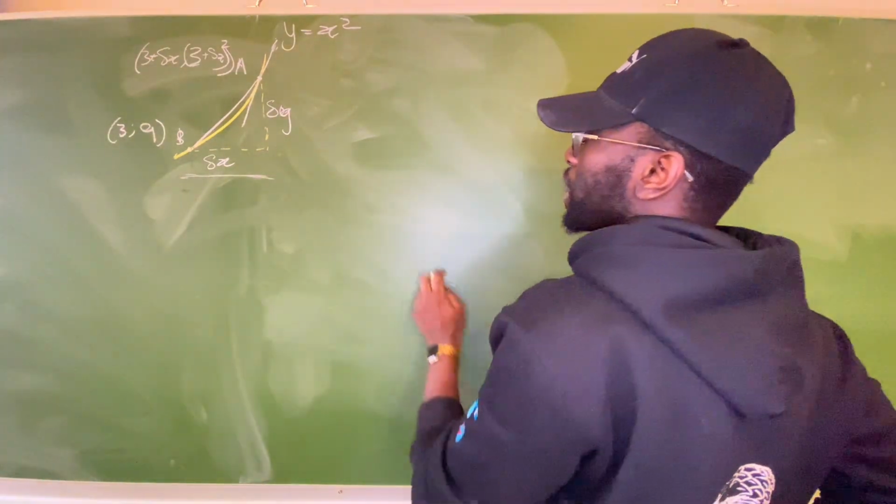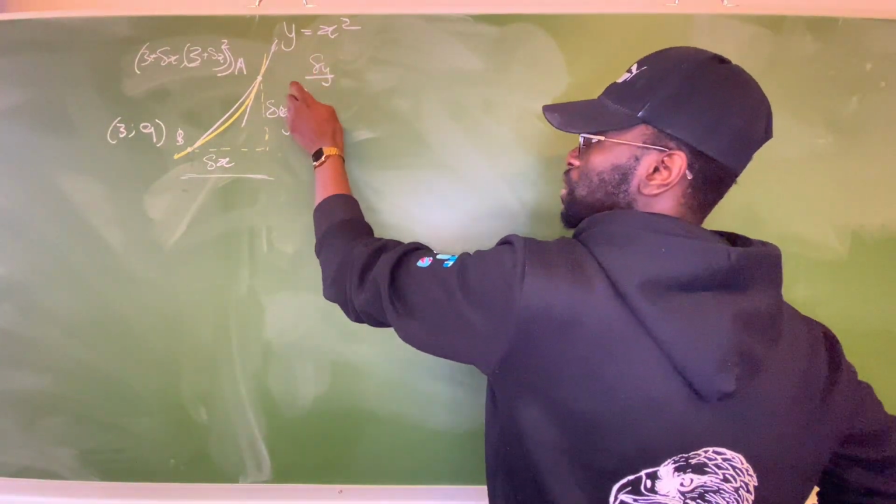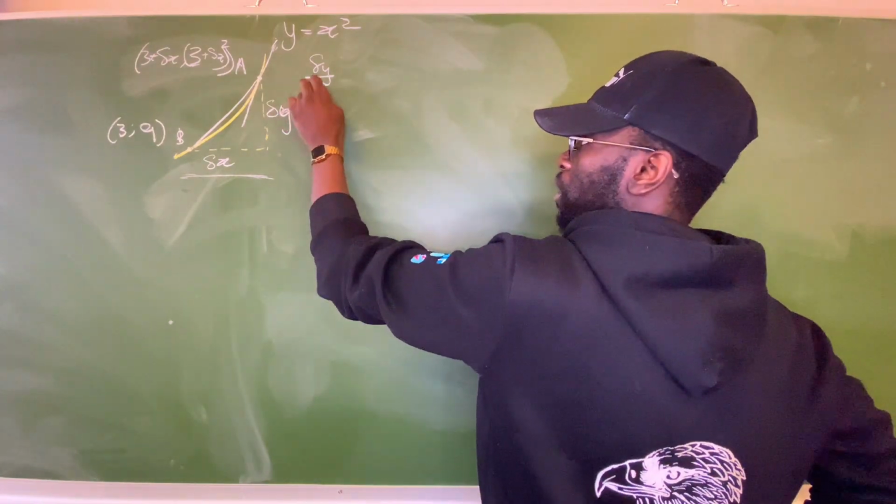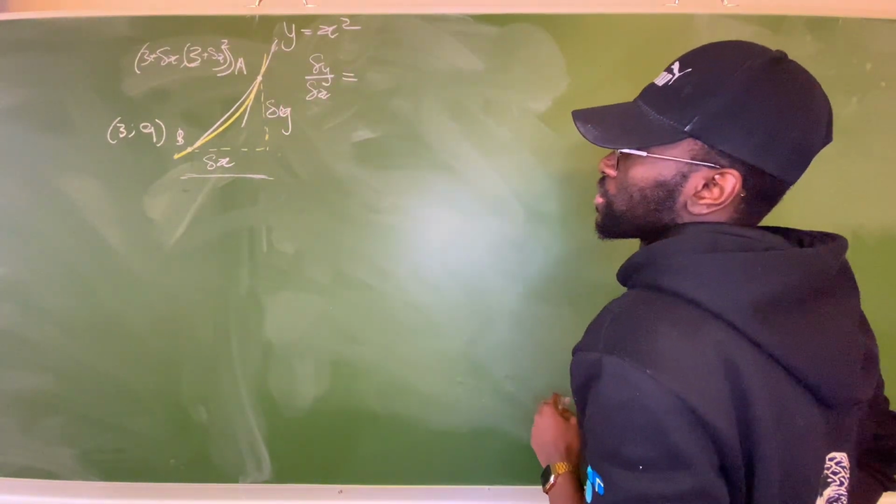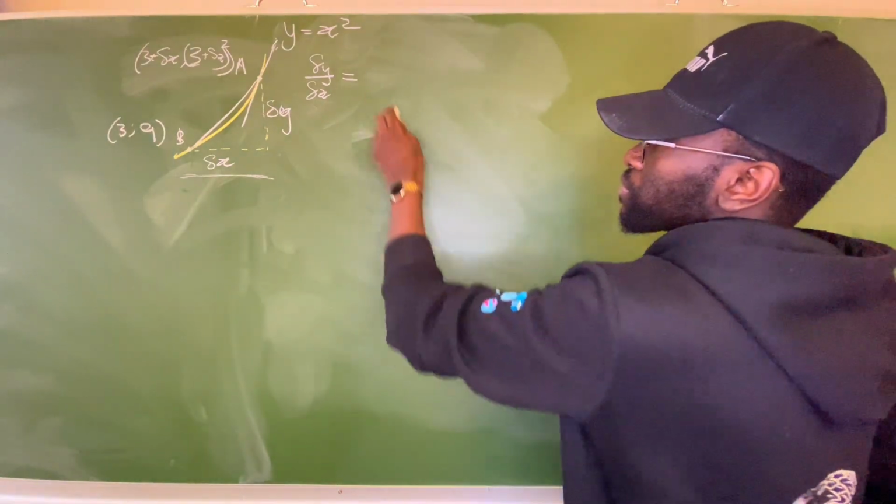Now let's look at our gradient. We found out that we can get a gradient by the change in y, delta y, over delta x. Let's use our values now.